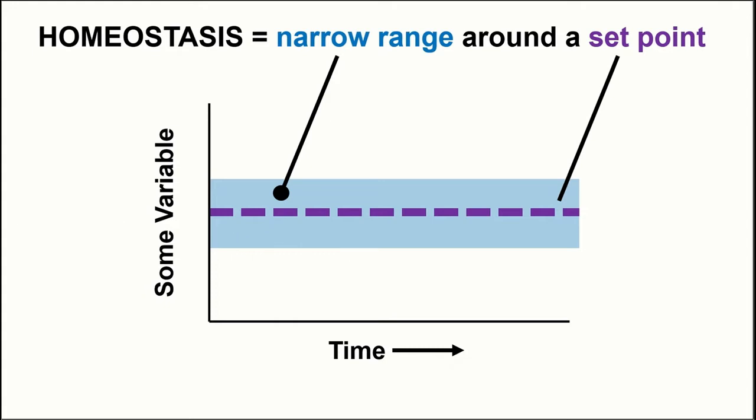On our graph here, we have time on our horizontal axis and some variable like body temperature on our vertical axis. Using this body temperature example, our body sets our resting normal body temperature at about 98.6 degrees Fahrenheit or 37 degrees Celsius. This is what the horizontal purple dashed line represents, our normal body temperature.